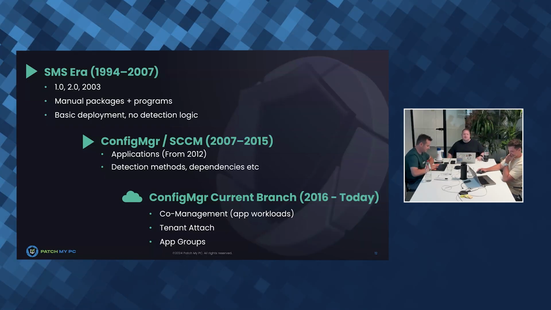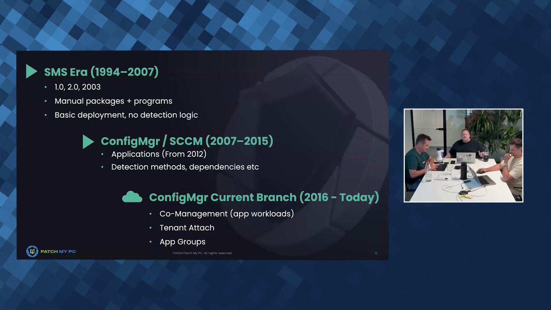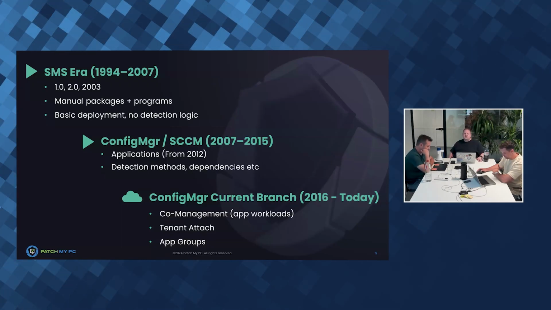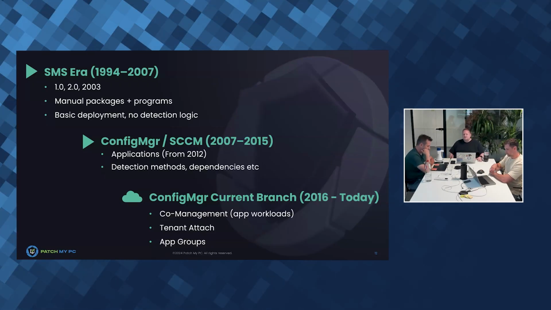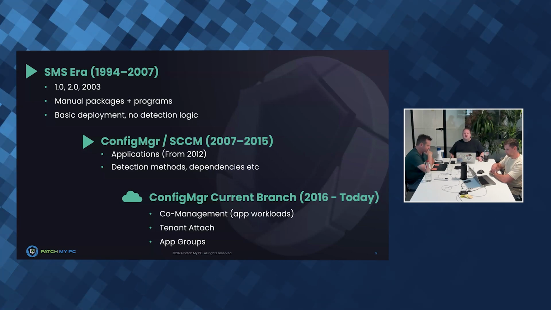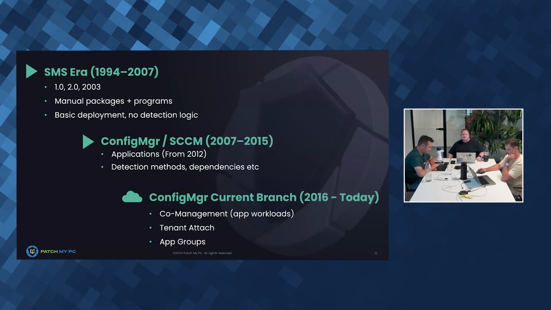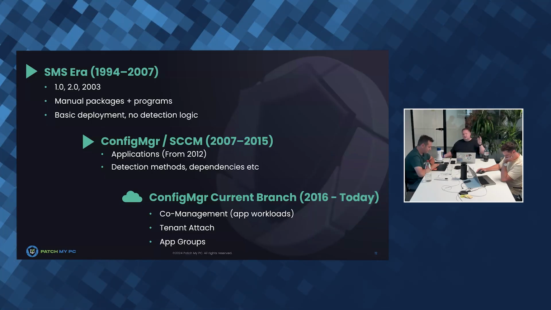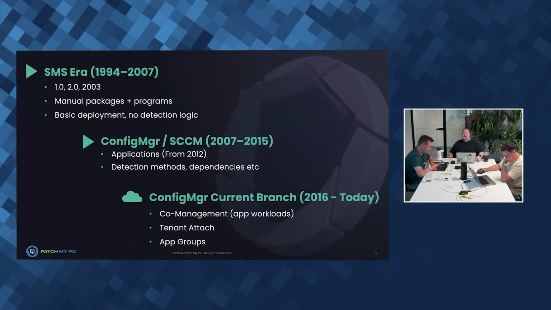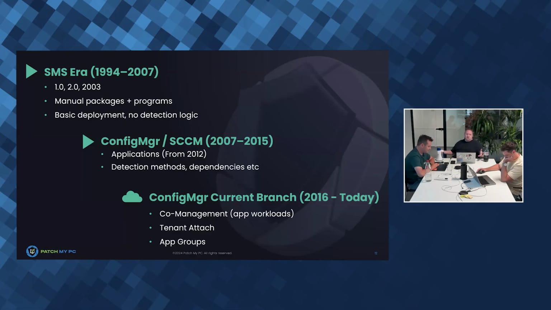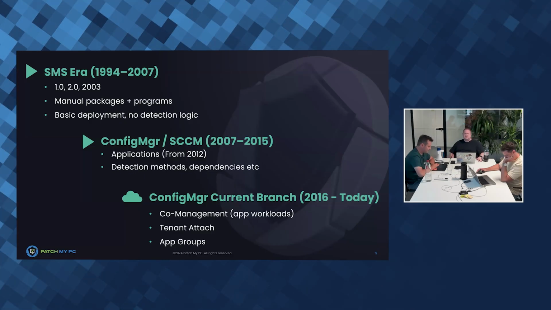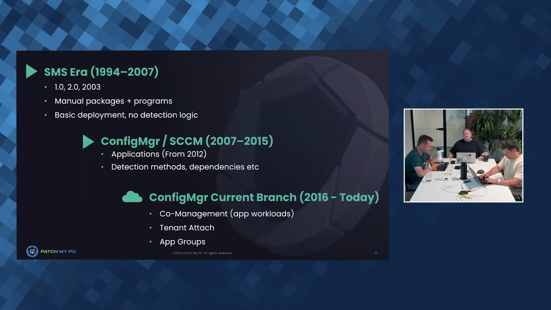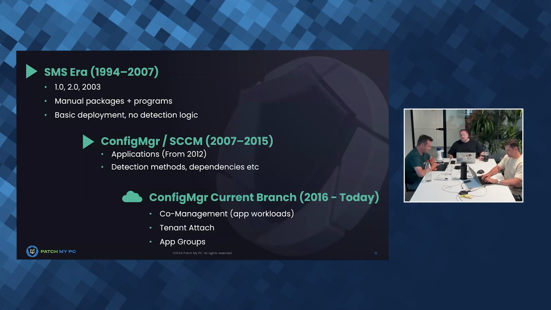SMS from 94 to 2007, the SMS era, there were manual packages, programs, offers, if you remember that far back. There were deployments, but not really detection logic. Then in ConfigMgr or SCCM, System Center Configuration Manager, 2007 to 2015, we added more complexity or more options with applications. Detection methods, applications became state-based, dependencies, supersedence.